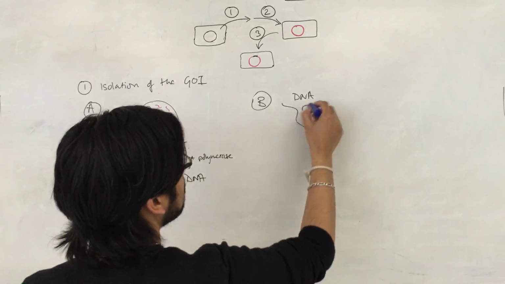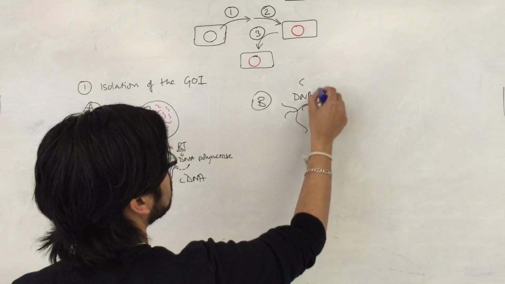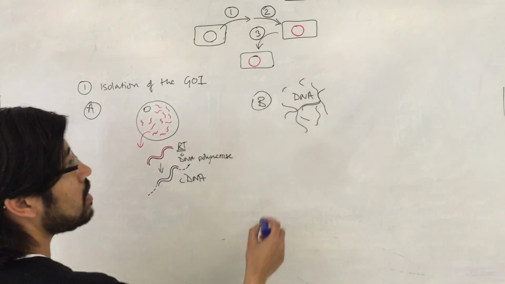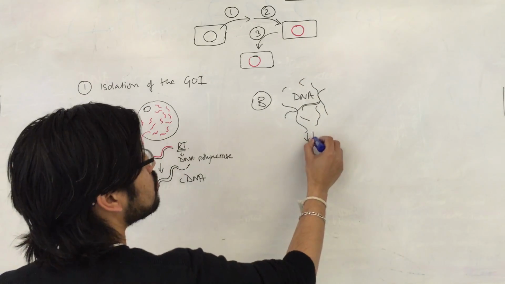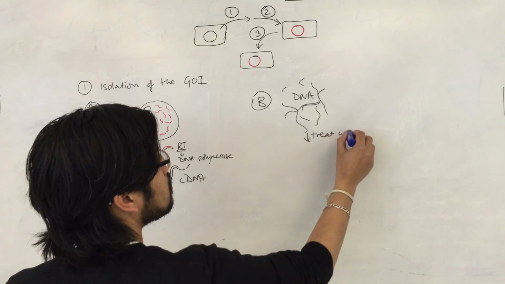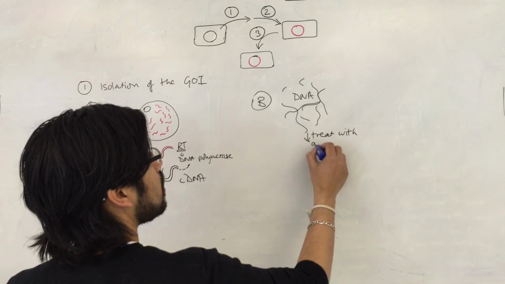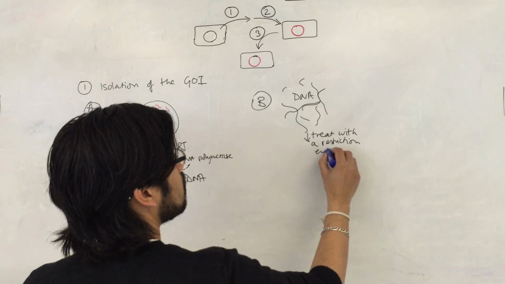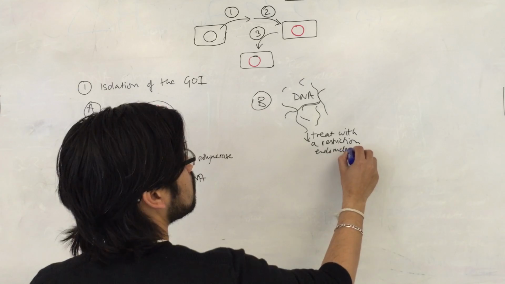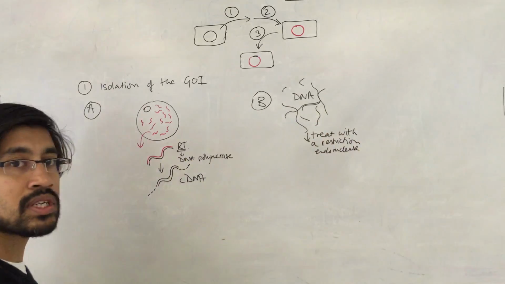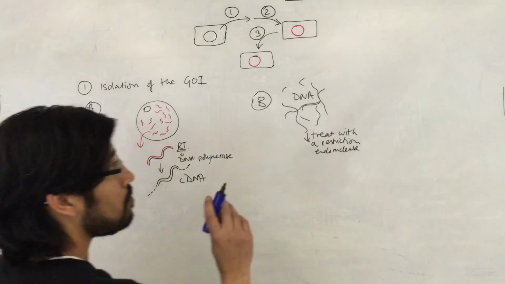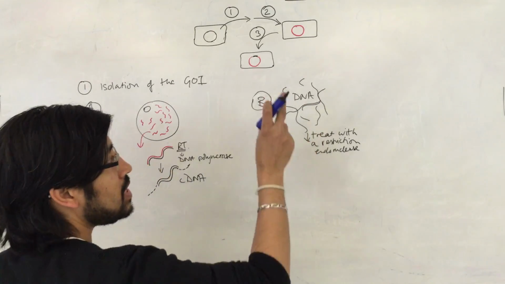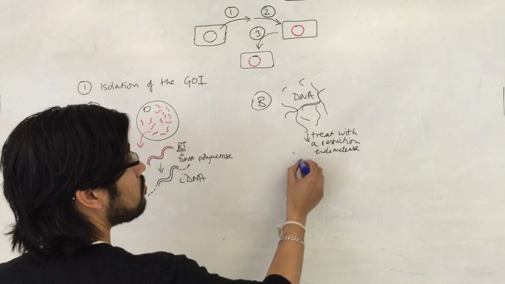That would be many molecules of double-stranded DNA, okay? And then you can treat with a restriction endonuclease. So it will chop all these big DNA molecules up into small fragments.